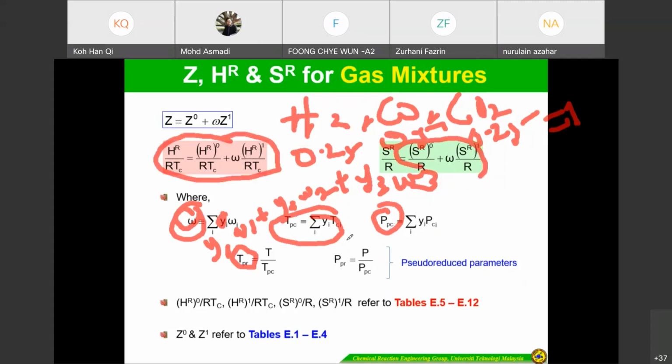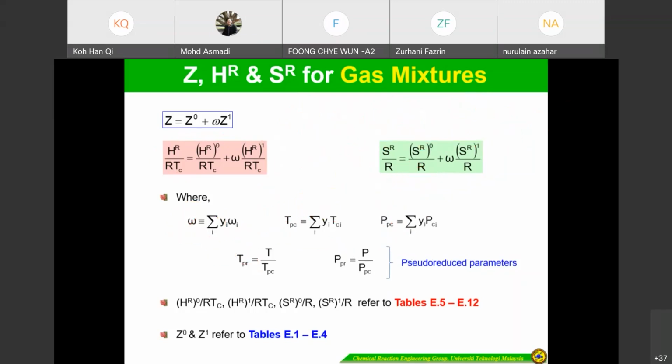But you have to determine the TPR and PPR, and to determine them you have to determine PC. We define these as pseudo reduced parameters. Pseudo is like an approximation. So this is for the gas mixture.